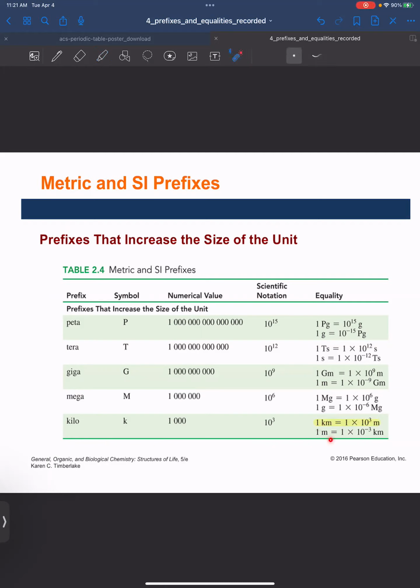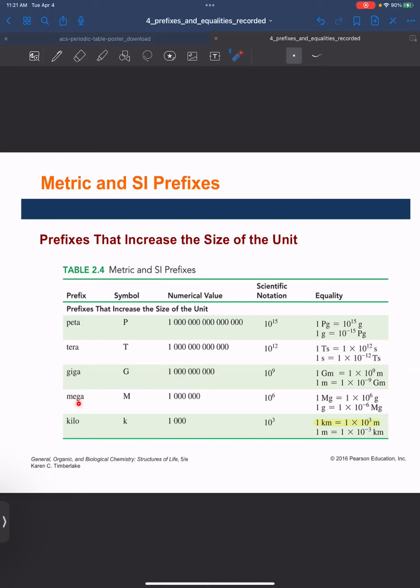However, this equality below, this example, is saying the exact same thing. That 1 meter is 1 times 10 to the negative third kilometers. But like I said, I usually will focus on the equality that does not have a negative exponent. So for example, since kilo makes things bigger, then the 1 times 10 to the third is in front of the meters.